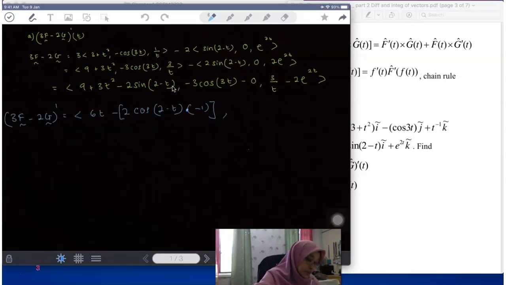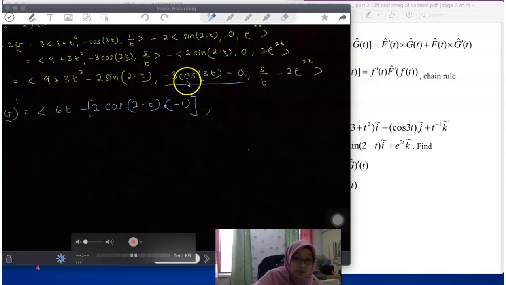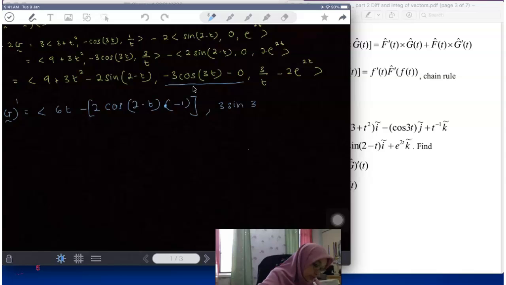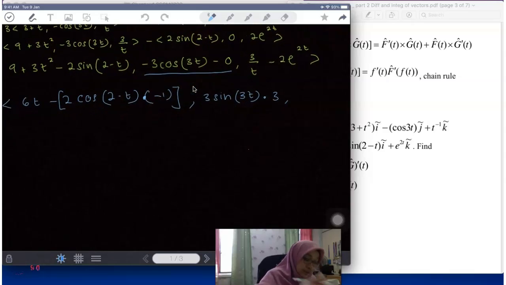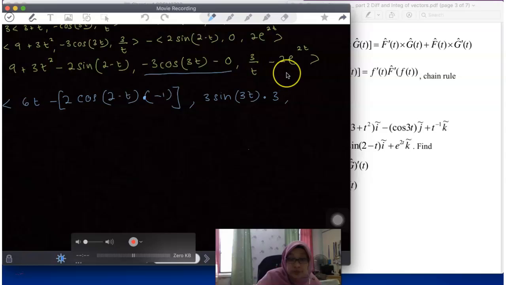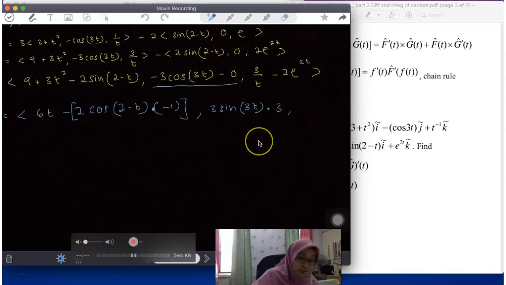Okay, that is for component x. Now you go to component y, the second one here. Again there is a function in a function. Differentiating cos gives minus sine, so we get 3 sine of 3t multiplied by the derivative of the inner 3t, which is 3. For the next component, I don't have enough space here, so I just continue down here.